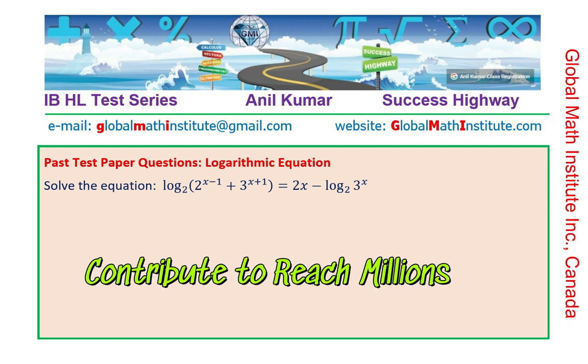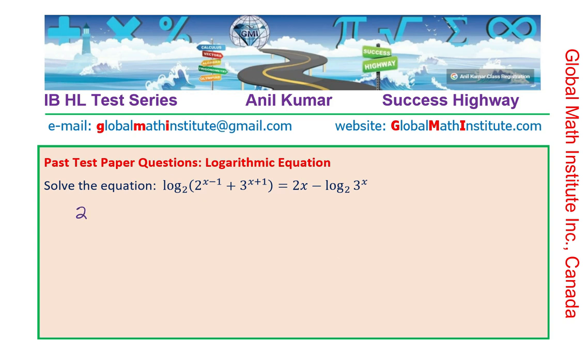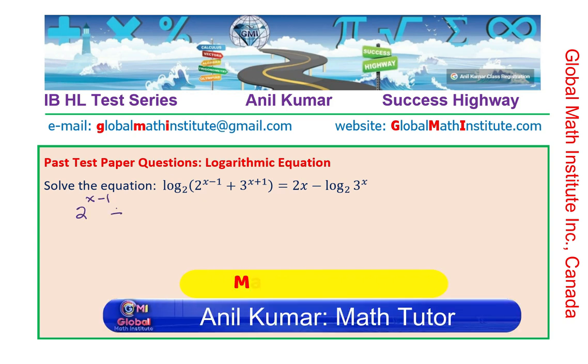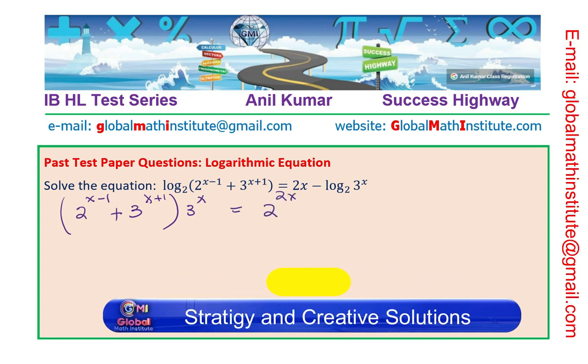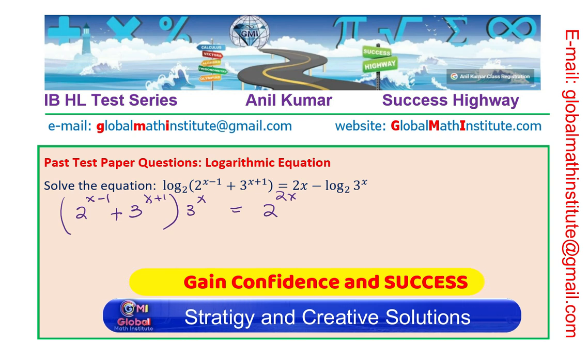So we are rewriting this equation: 2 to the power of x minus 1 plus 3 to the power of x plus 1, multiplied with 3 to the power of x, results in 2 to the power of 2x, because it was to the base 2. So I've rewritten equation 1 right there.